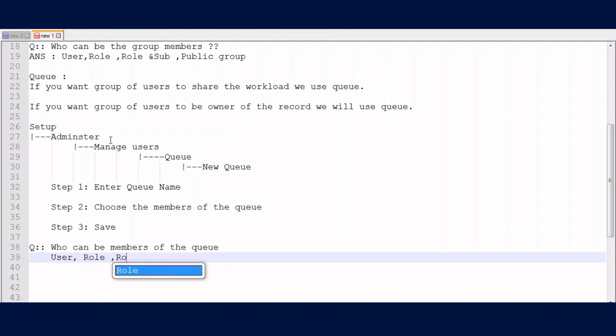User, role, user, role and subordinate, public group. Who can be the members of the queue? User, role and subordinate, public group.